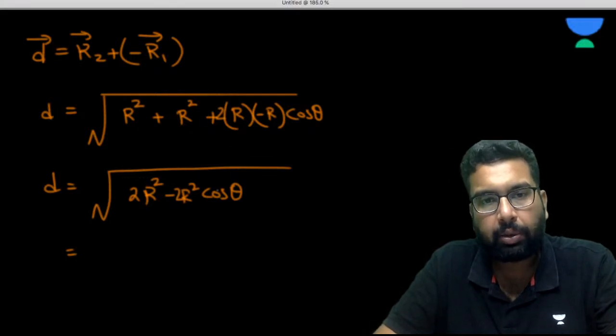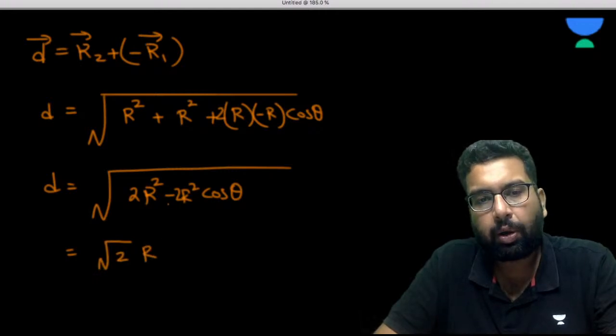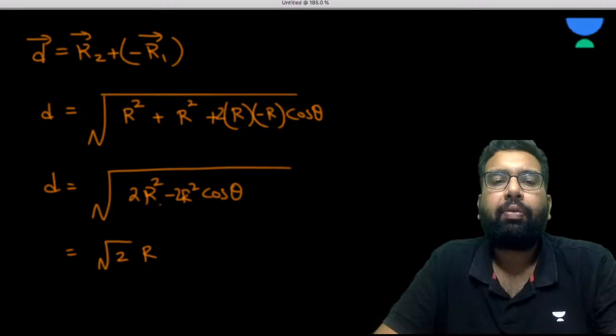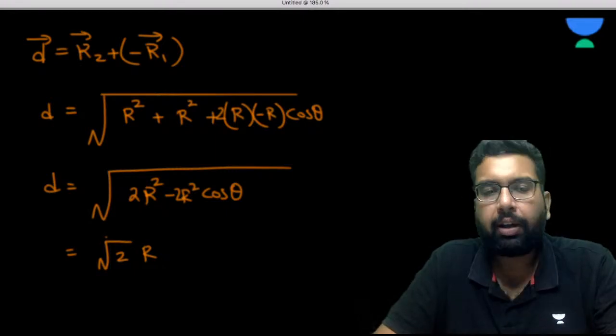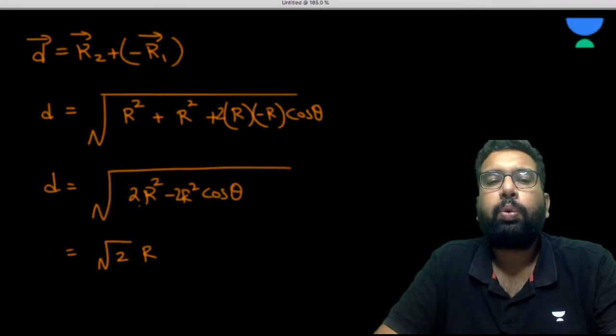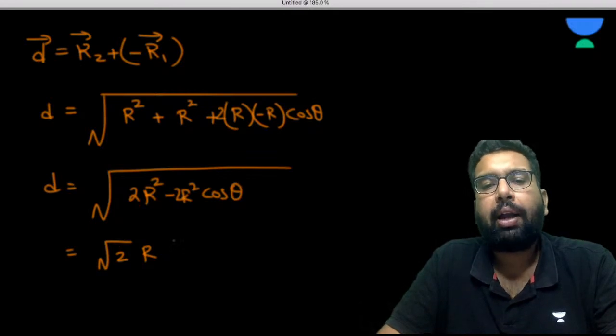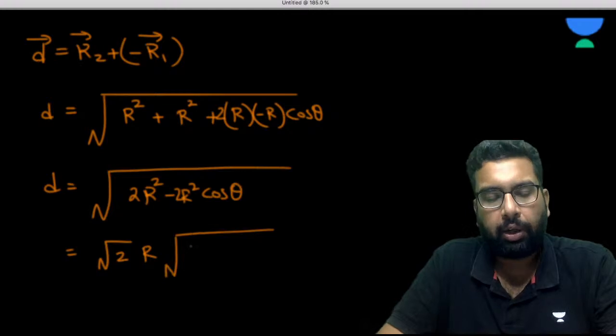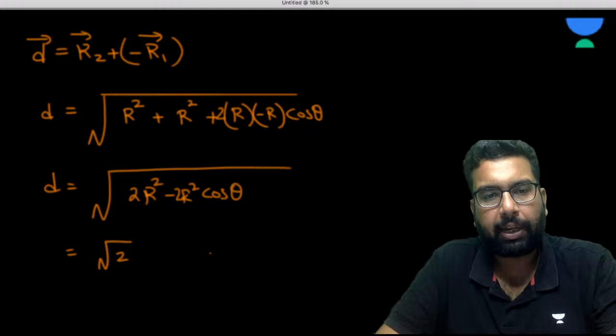So I missed the 2. Can I write it like this, taking 2r square common? So I have taken the root thing out. It will become root 2, r square will become r, and we are left with root of 1 minus cos theta.